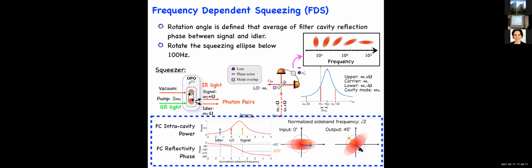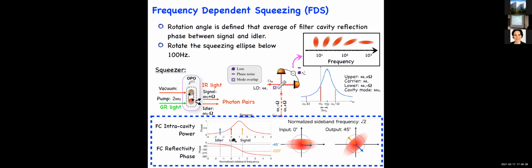So the noise fluctuation in this direction will be reduced, but in the orthogonal one, the noise fluctuation will increase. So in the quadrature plane, you can see the squeezed state will rotate. So I can calculate this for each frequency.